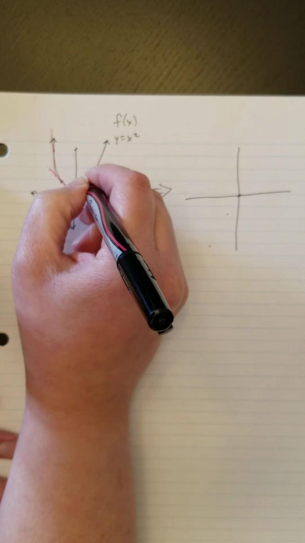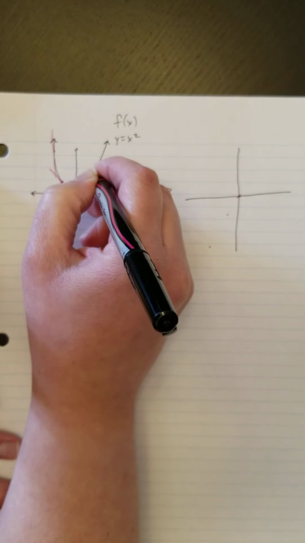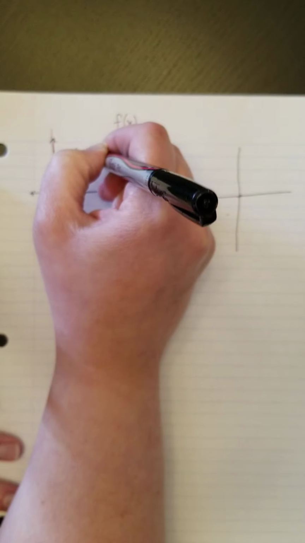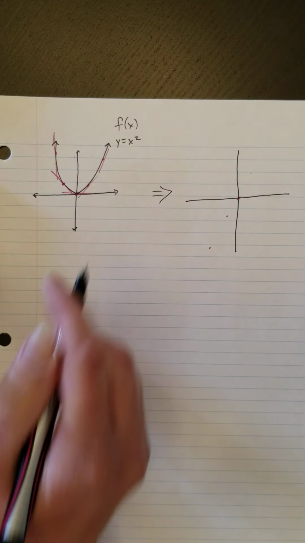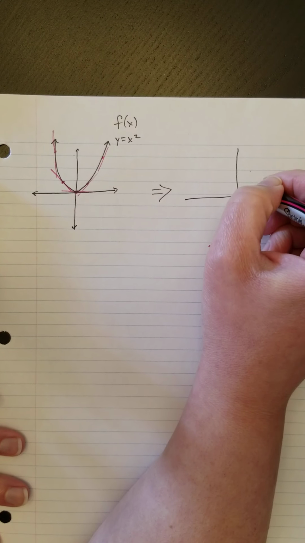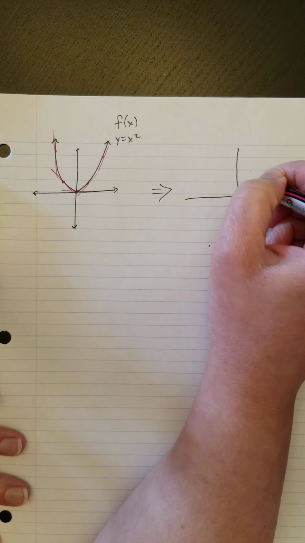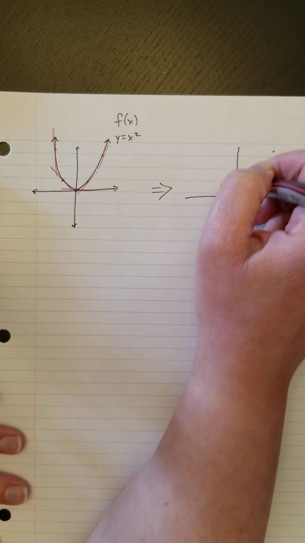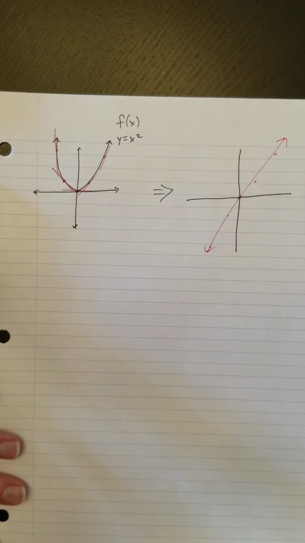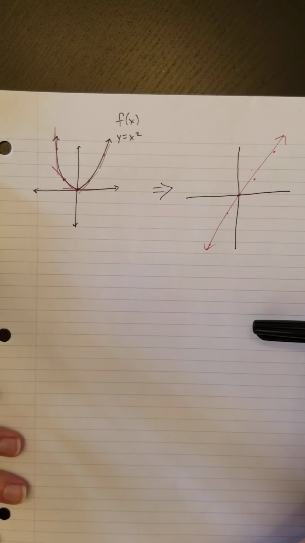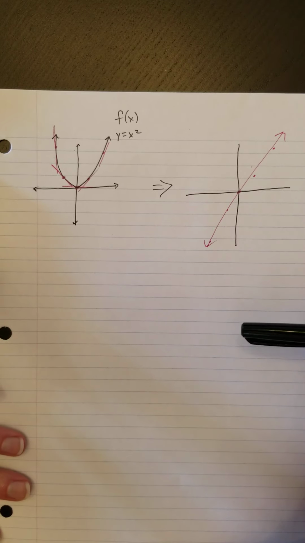And then as I look into the positive side of the graph, I have a smaller positive slope, and then progressively bigger positive slopes. The further out you go on the parabola, the bigger the positive slope would be. So we're going to get generally a linear function. For the parabola that's opening upwards, we're going to have a linear function that has a positive slope.